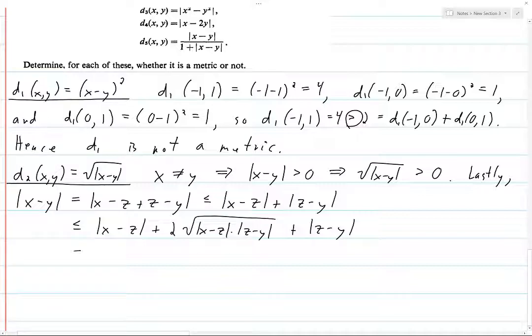But now this is precisely equal to the square root of the norm of x minus z plus the square root of the norm of z minus y, this entire thing squared. Because if you just FOIL this out, you'll get the thing that's above it.